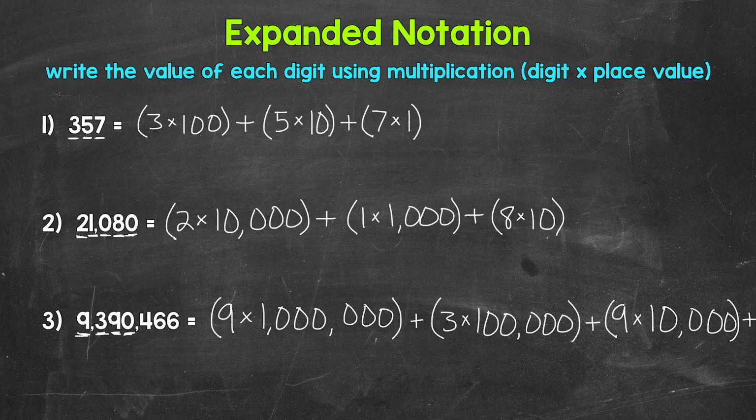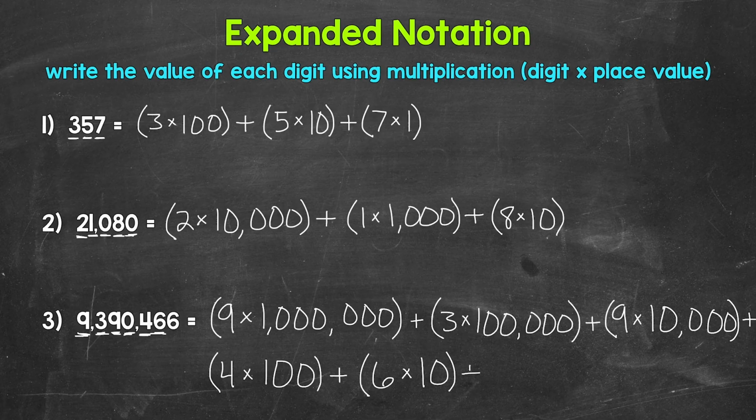So let's move to the next digit, this 4. So we have a 4 times, and that 4 is in the hundreds place. So times 100. Our next digit is this 6. So we have a 6, and it is in the tens place. So times 10.